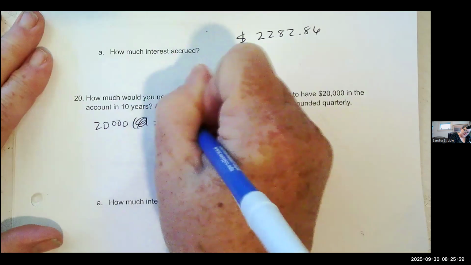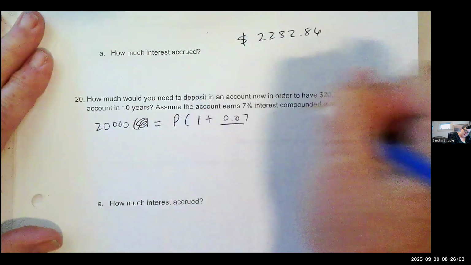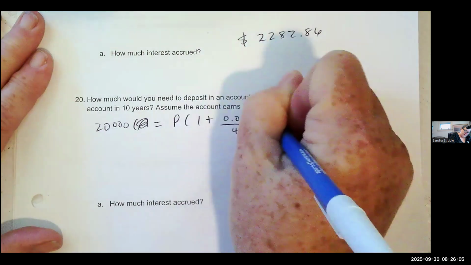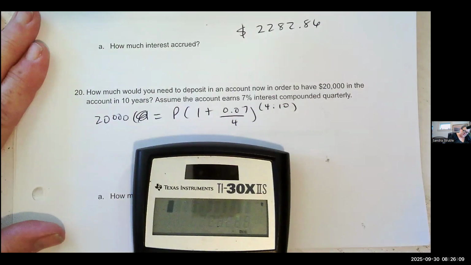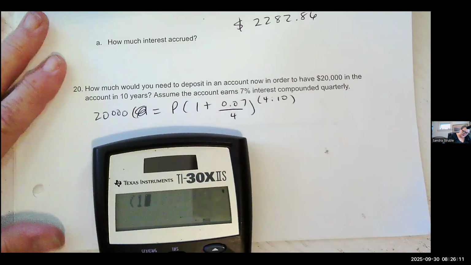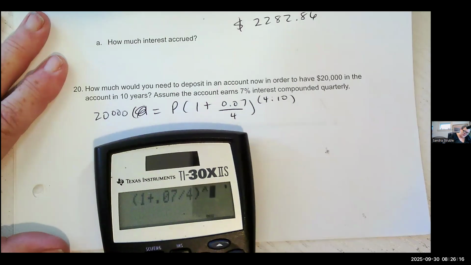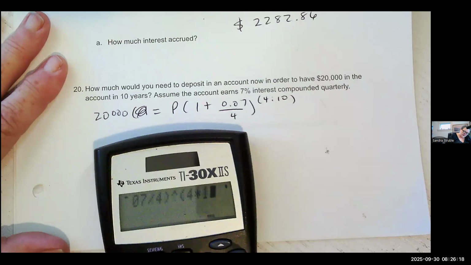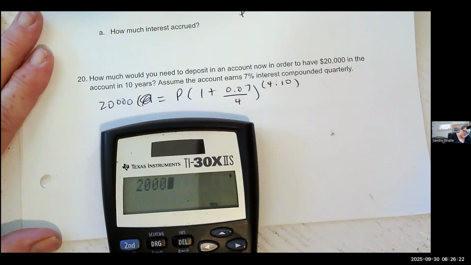equals, sorry, 1 plus 0.07 quarterly for 10 years. Parenthesis 1 plus 0.07 divided by 4. Close, caret, open, 4 times 10, close, equals, pause. 20,000 divided by second answer equals.